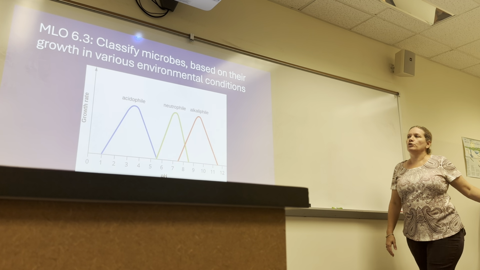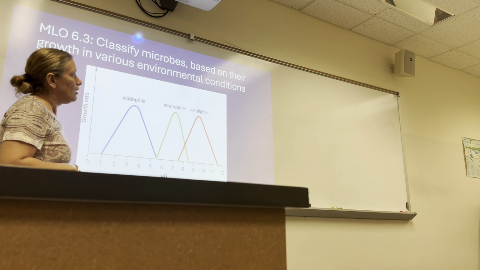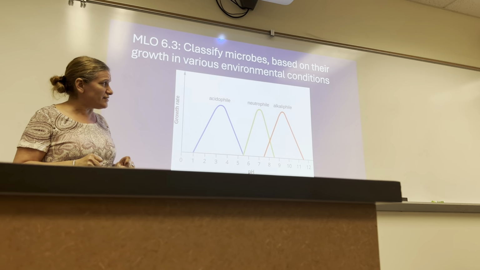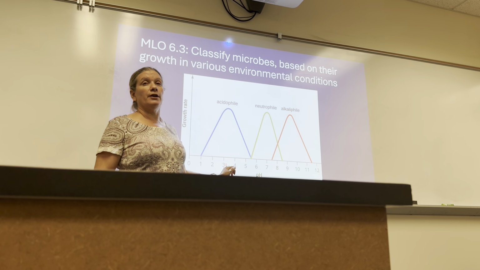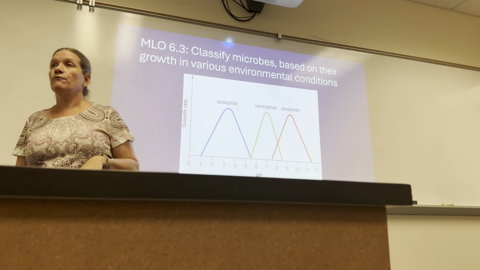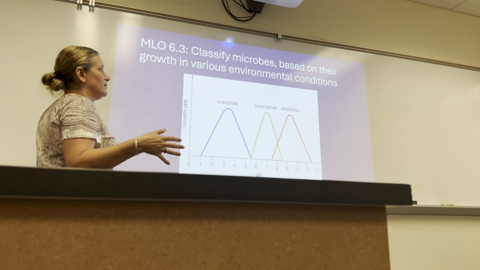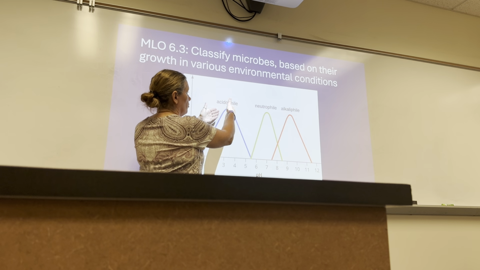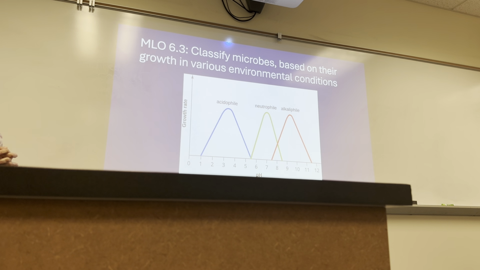Okay. Now, when you look at these, just like we talked about with the enzymes, you'll notice that you have an optimum pH for that organism, and then it splays out as a bell curve on either side. Okay, because a lot of this will have to do with denaturation of proteins.